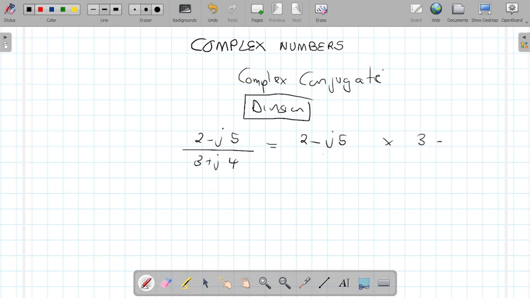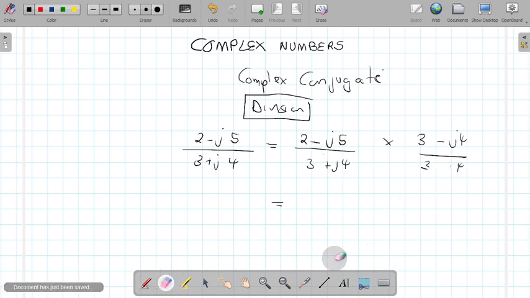It is going to be 3 minus j4. Now what is the conjugate of the denominator? That is 3 minus j4, and then it is multiplied by 3 plus j4. Now let's evaluate this, starting with the bottom part. We are multiplying a complex number by its conjugate, so we should get a real number.